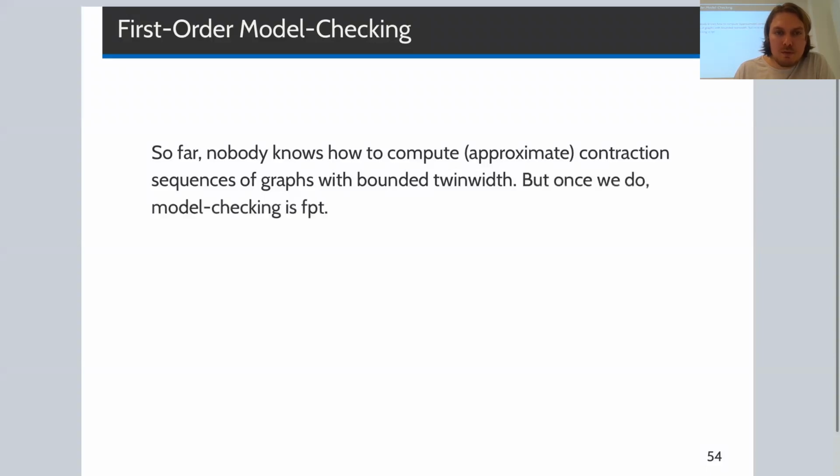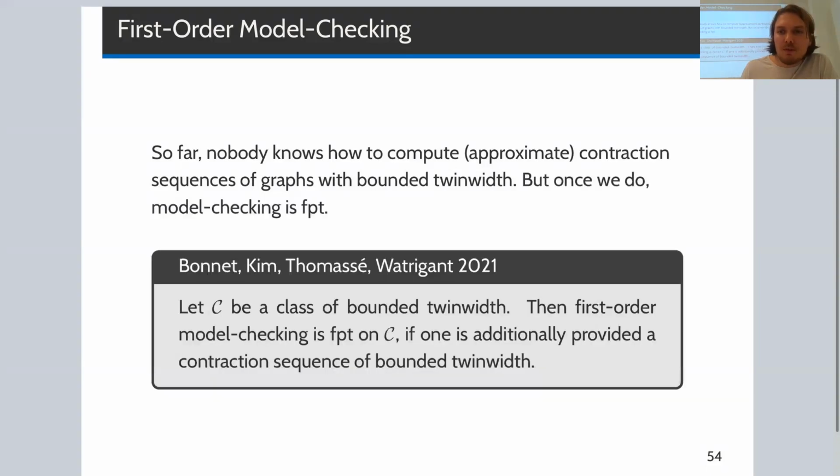But if we do, then model checking becomes FPT, because there's this very nice conditional result, which states that first order model checking is FPT on classes of bounded twin width if we assume that the model checking algorithm additionally gets some witness of the contraction sequence. You additionally get a proof that the twin width is at most d.